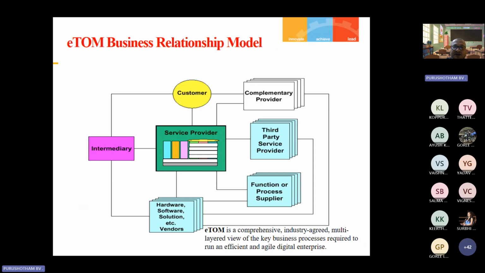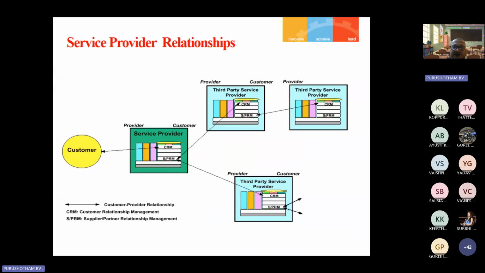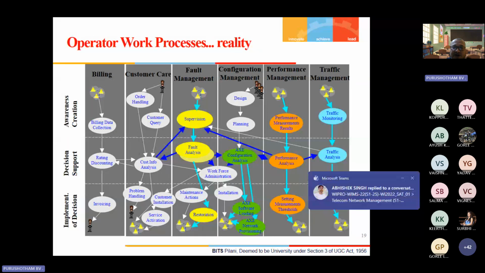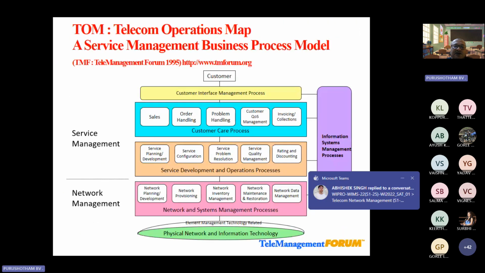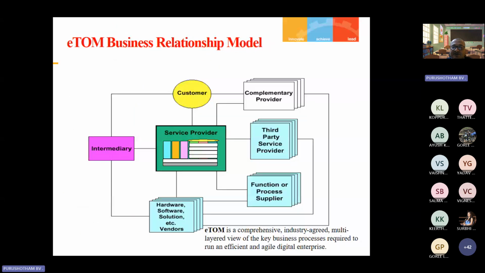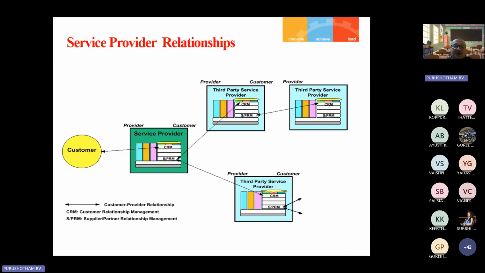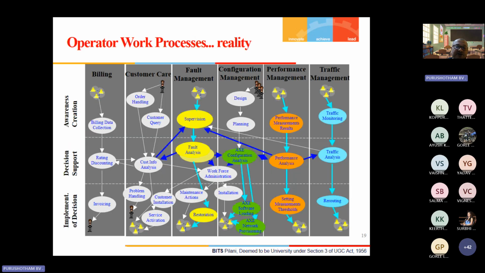Then we have something called eTOM, which is operator related. Basically it's an extension for the telecom operator. Then for the customer and service provider, a lot of third-party services are also involved.